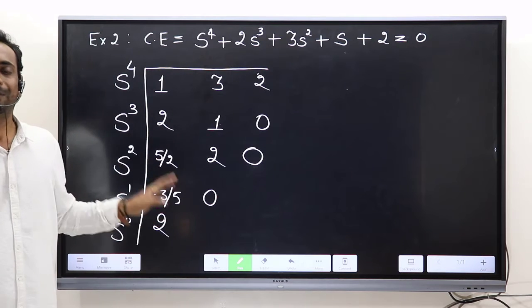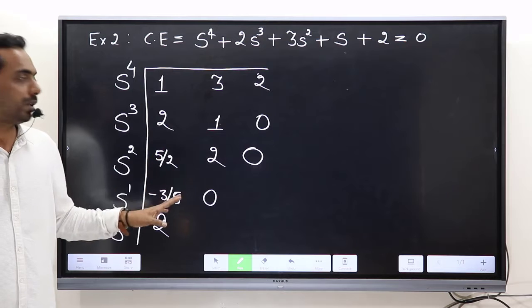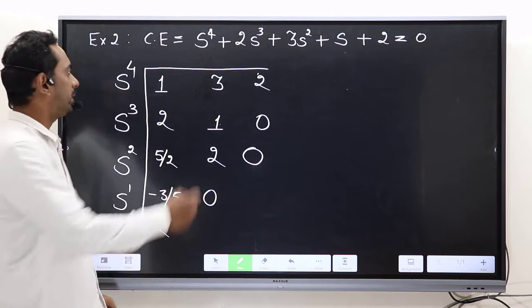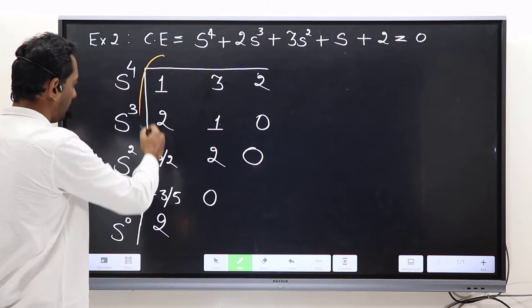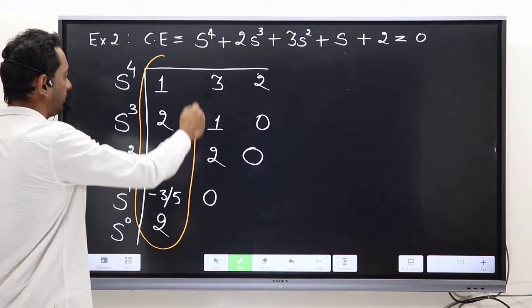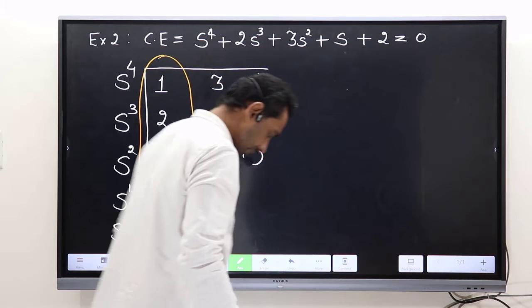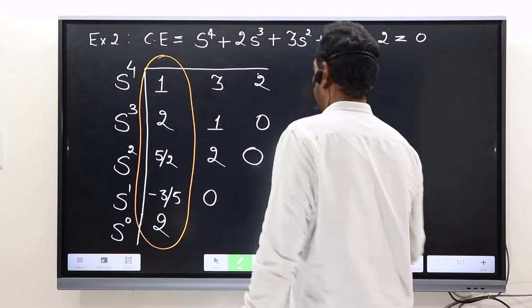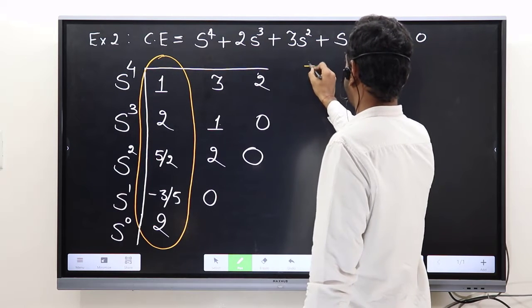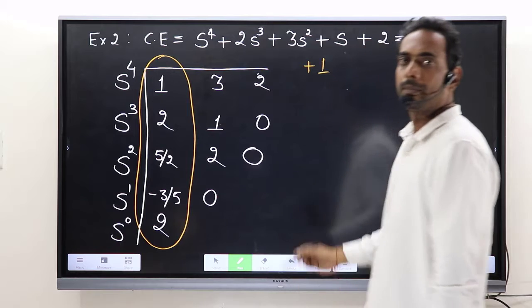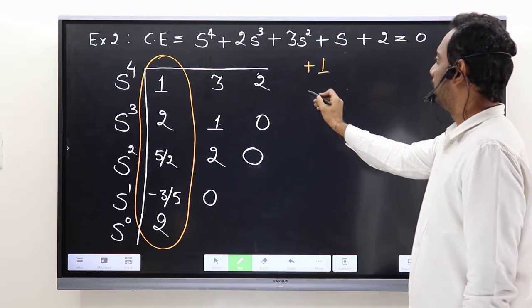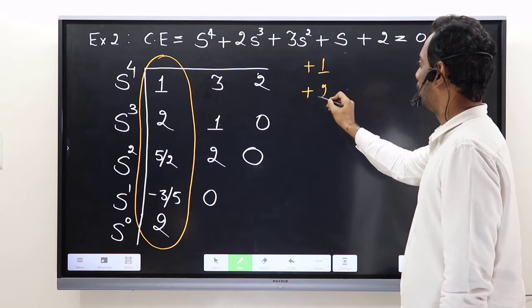So what do we do? We analyze the first column of the Routh's table. Which is the first column? This is the first column of the Routh's table. I will write here. First is +1. Then we have +2.